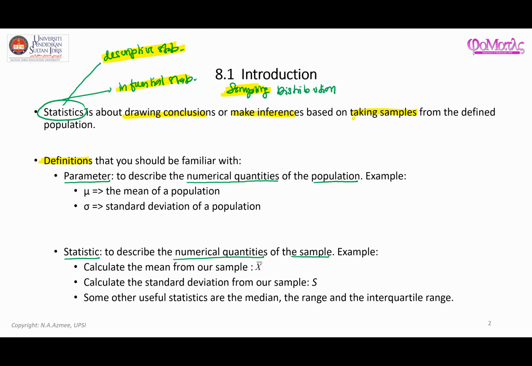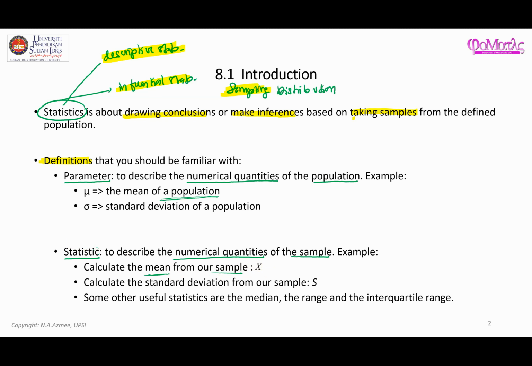For example, if you are able to get all the values from the population and you calculate the mean of it, the mean of that population is a parameter and is usually denoted by the symbol mu. On the other hand, if you calculate the mean from your sample, that means the values come from just your sample, and the mean of that sample is called a statistic. It is usually denoted with the symbol x bar.